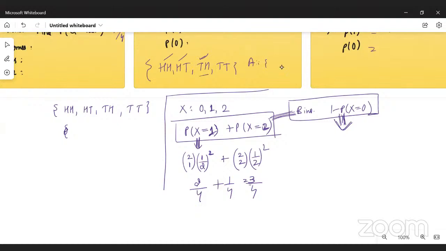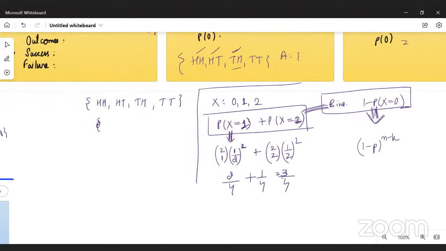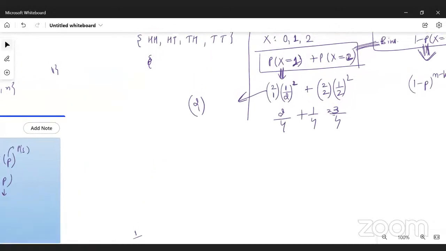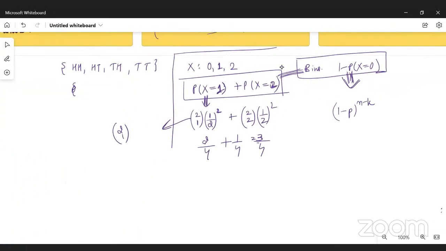Ma'am, in the formula we also have 1 minus p to the power n minus k, in the Bernoulli distribution. Yes, this is exactly what it is. So 2 choose 1, p to the power k. So p is 1 upon 2, to the power 1.